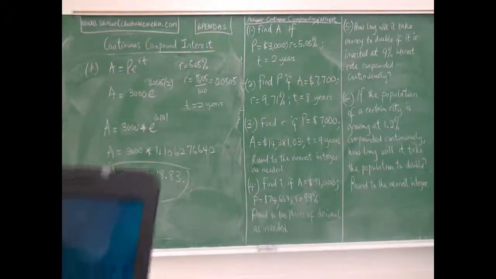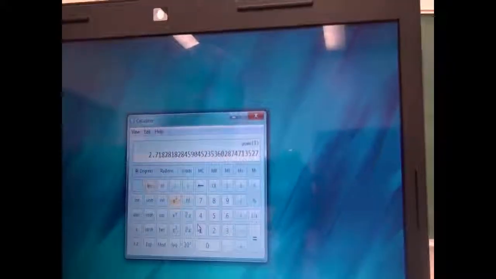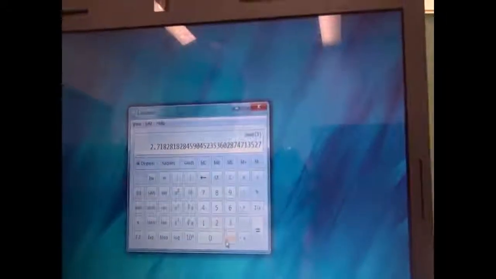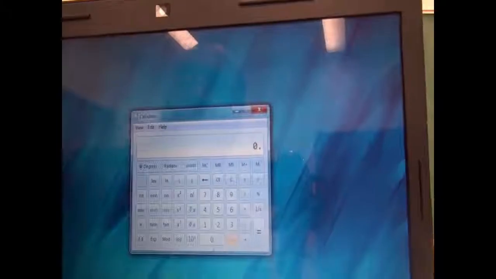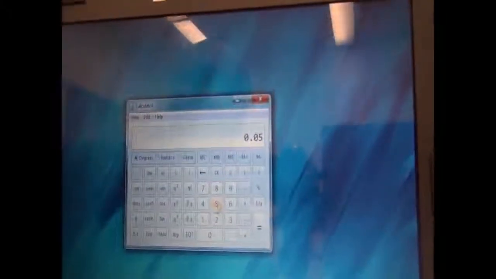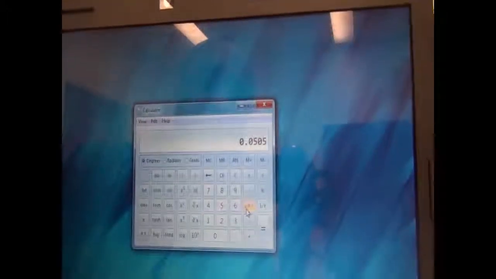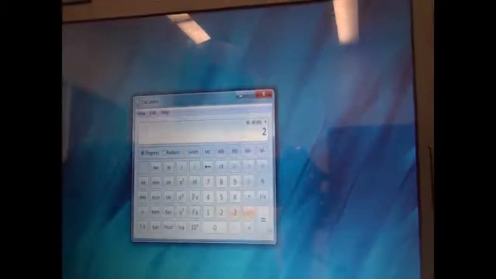That's important. If I want to do this on the calculator on the computer, what I will do is first do 0.05 times 2, equal to 0.101.